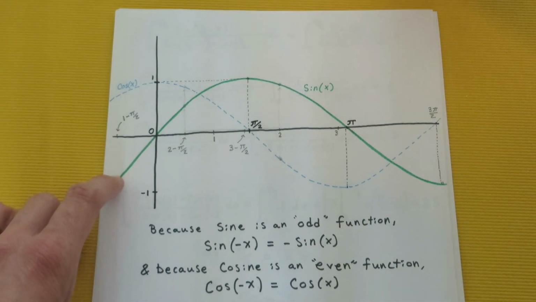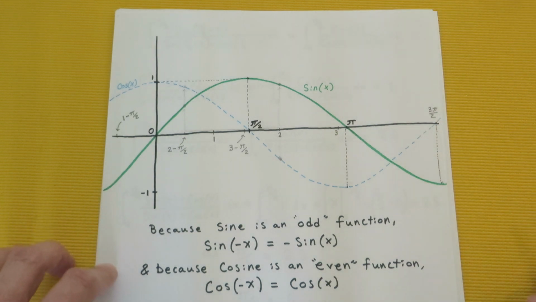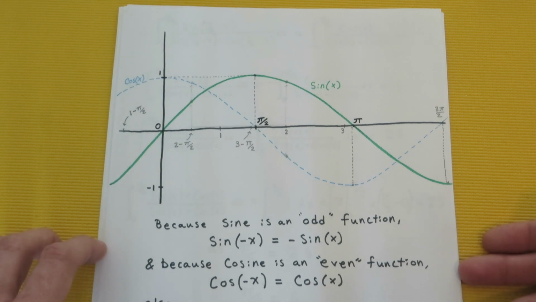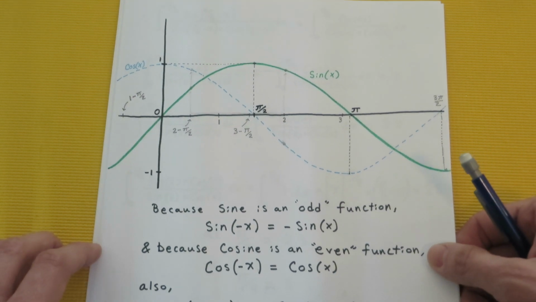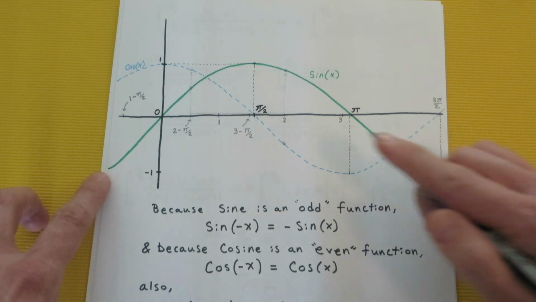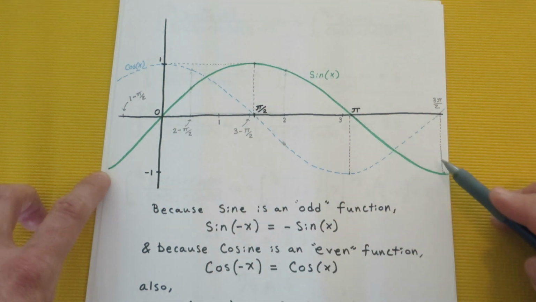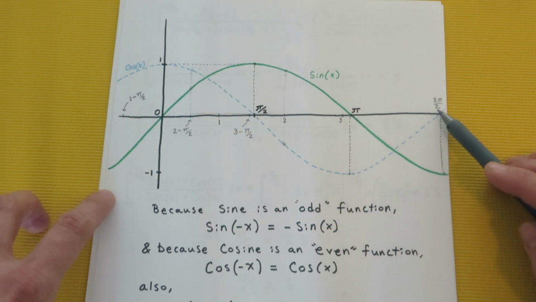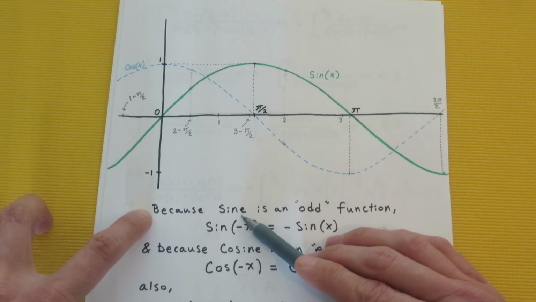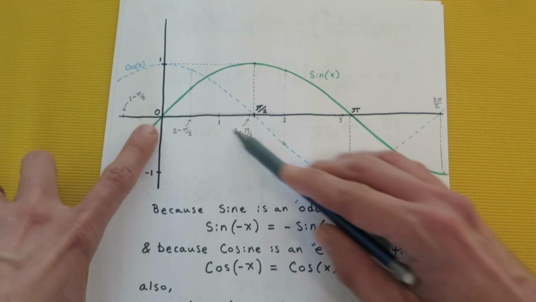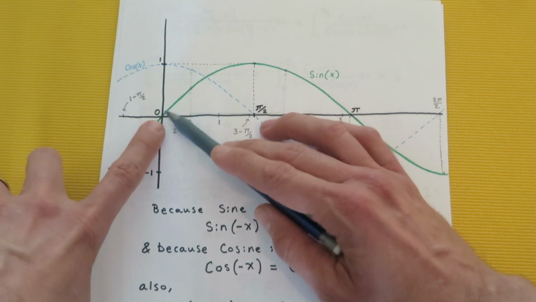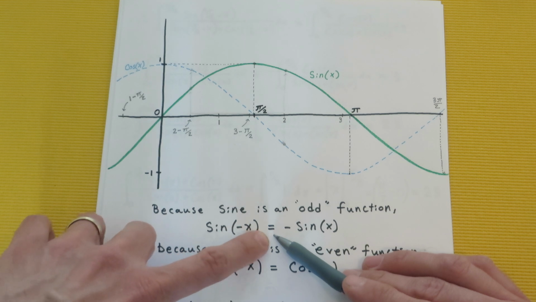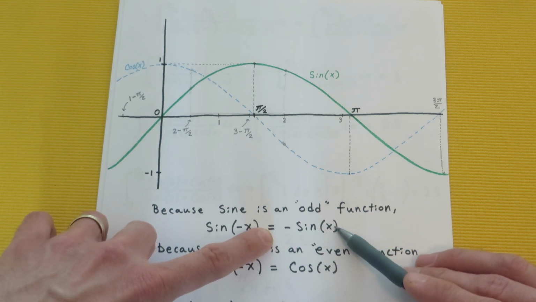Before we really get into this, let's review a little about our sine and cosine functions and our trig identities and see what we can apply to this. Here in the green we have our sine function. Here in the blue, the dotted line, we have our cosine function. Recall that because our sine function is odd, oddly symmetrical about the origin, sine of negative x equals negative sine of x.